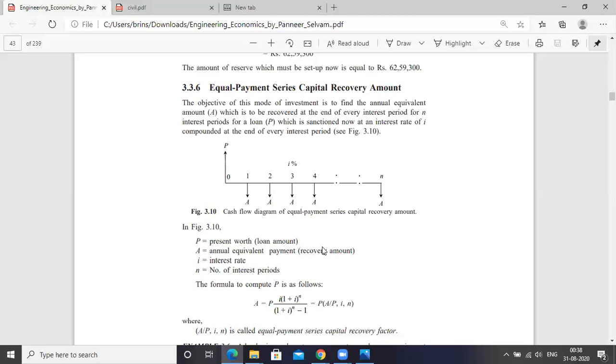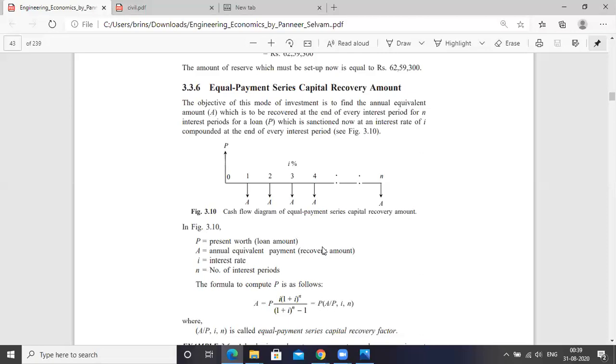Suppose that a given amount of money P is deposited in a savings account where it earns an interest rate of I, say for example 18% per year, compounded annually.